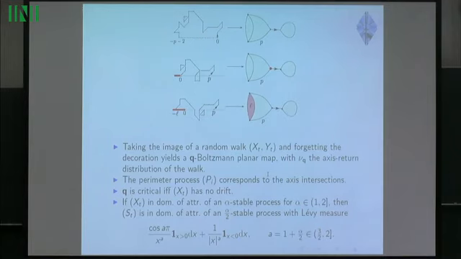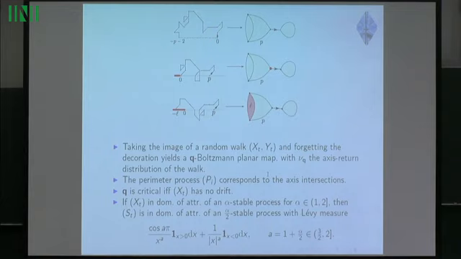And the scaling limit result is that if my walker has an x component that is in the domain of attraction of an alpha stable process, which is necessarily spectrally positive because it cannot have large jumps to the left, with alpha between 1 and 2, then the perimeter process, or its random walk, is in the domain of attraction of an alpha over 2 stable process.